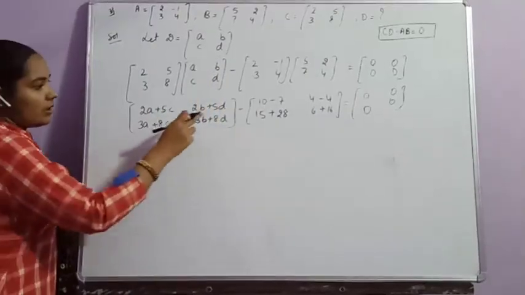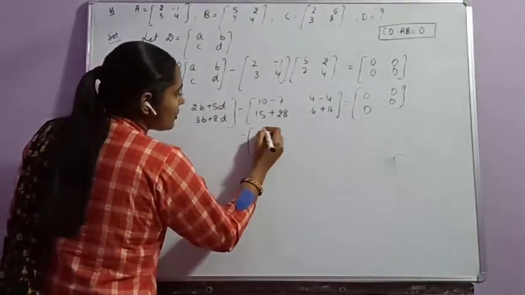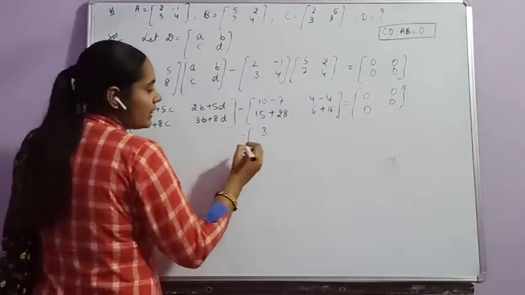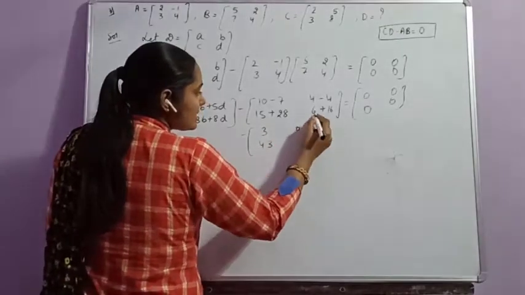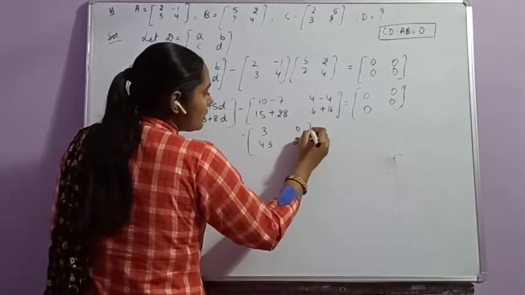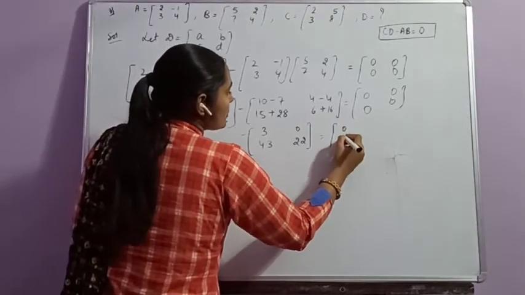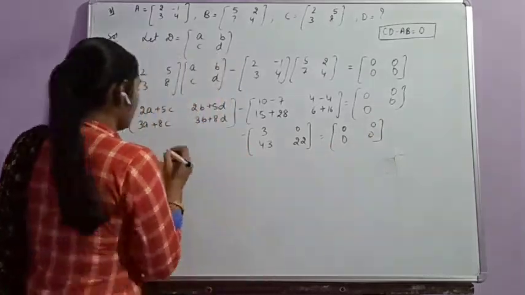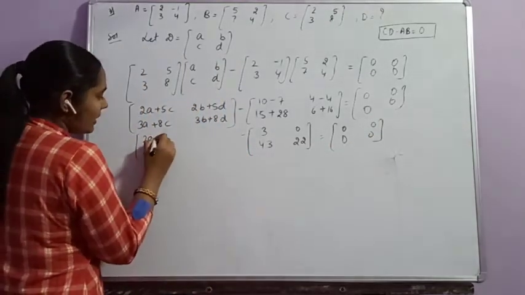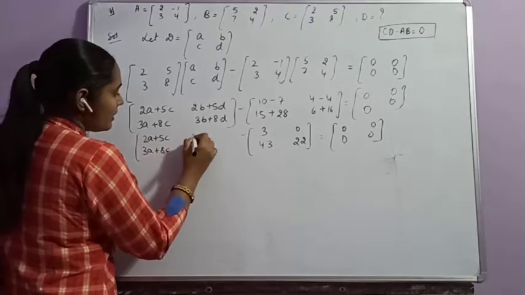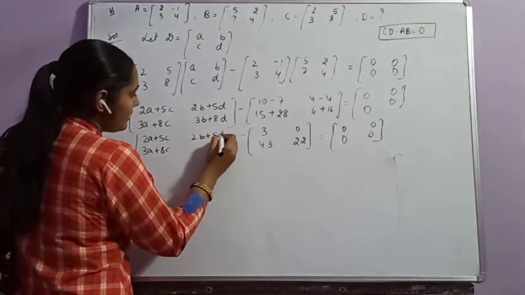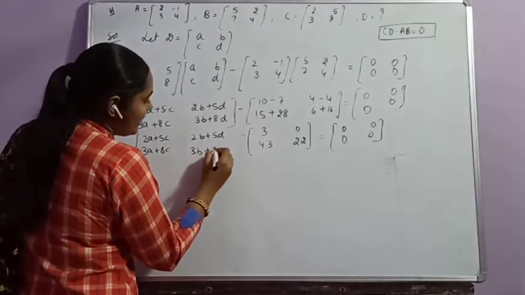Now 10 minus 7 is 3, 15 plus 28 is 43, 4 minus 4 is 0, 16 plus 6 is 22, equal to 0 matrix, and the first will remain the same.